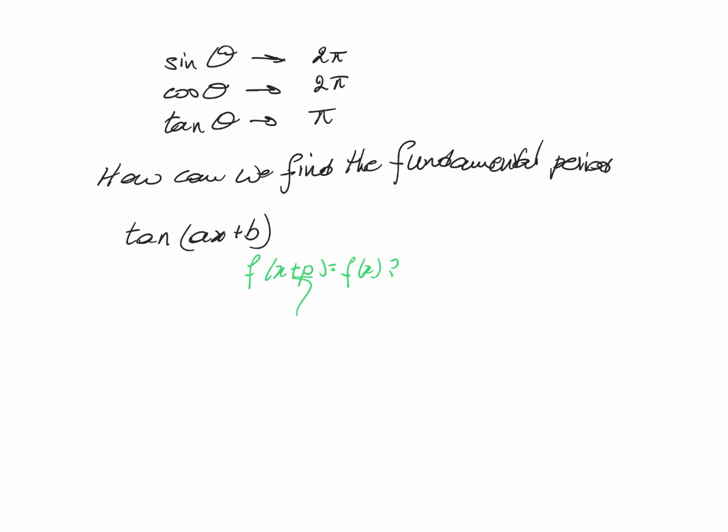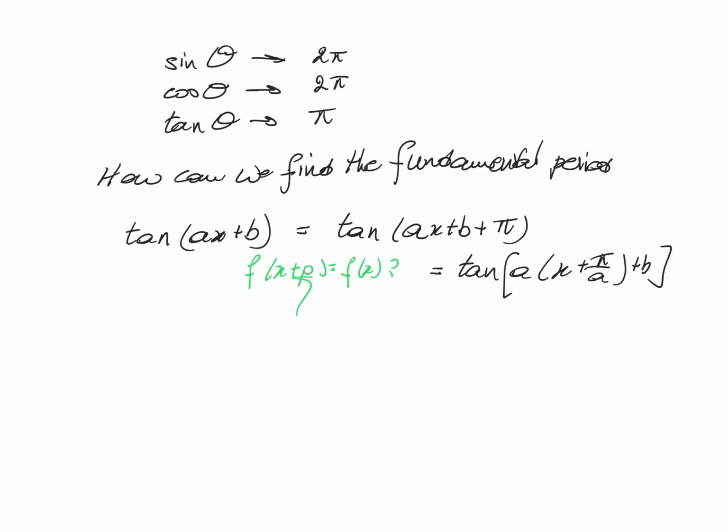So we can rewrite tangent ax plus b. This one is tangent ax plus b plus pi, because it doesn't really matter. If we add pi, we get the same function value. And now we can group them. So we can group them as tangent of a times x plus pi divided by a, plus b.